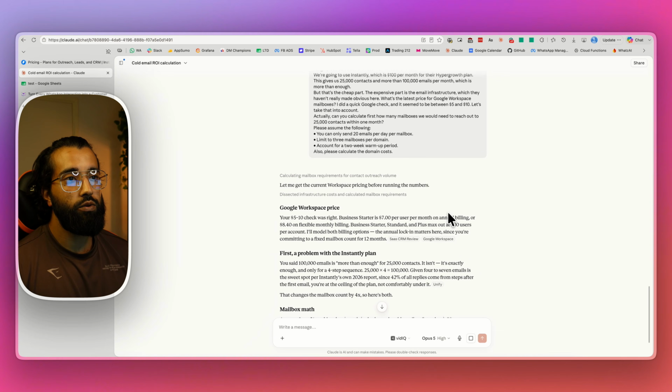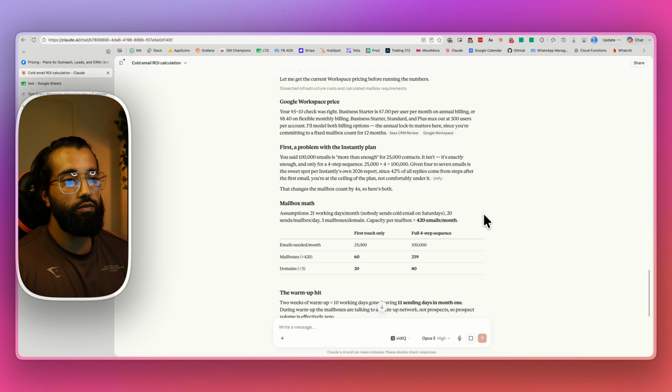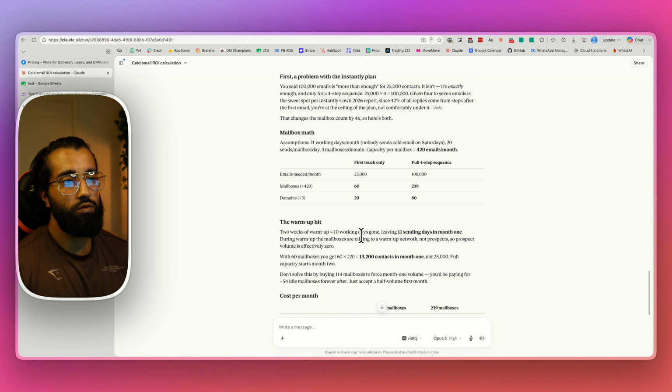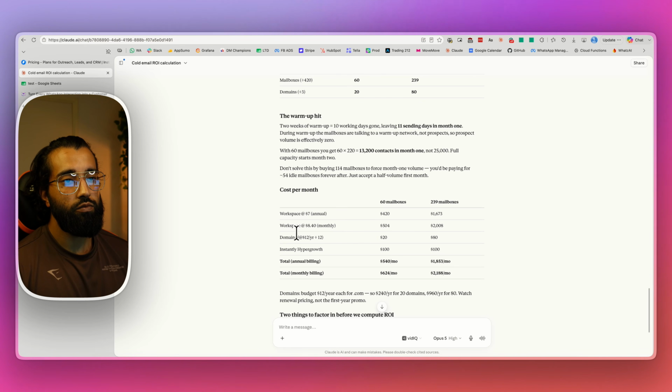So let's see what it says here. So here's the expensive math.